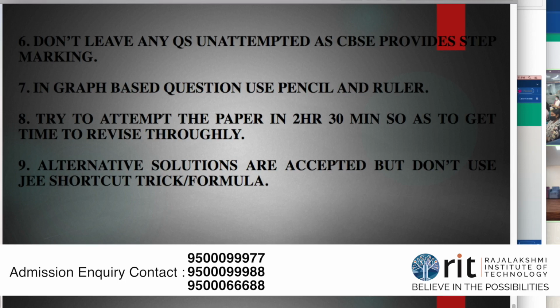If someone has got 75, 76 like that, and if a teacher can award half marks, 1 mark, so that the boy or girl reaches 78, then the examiner gets happy. So don't leave the question unattempted, do write even the formula, that will also fetch you marks.